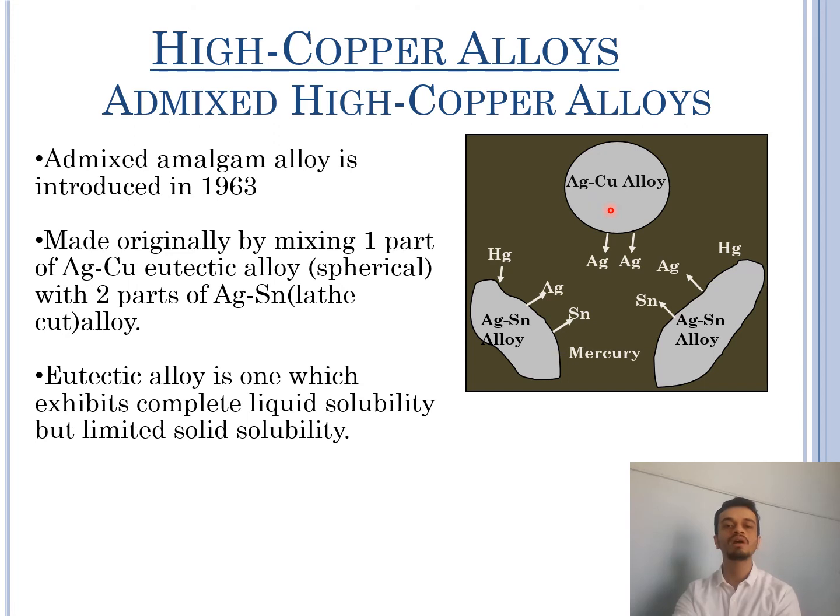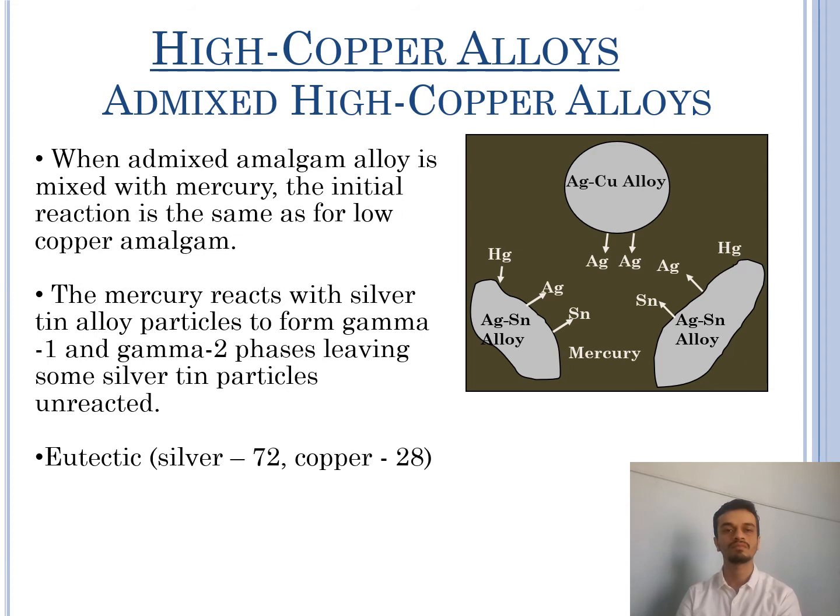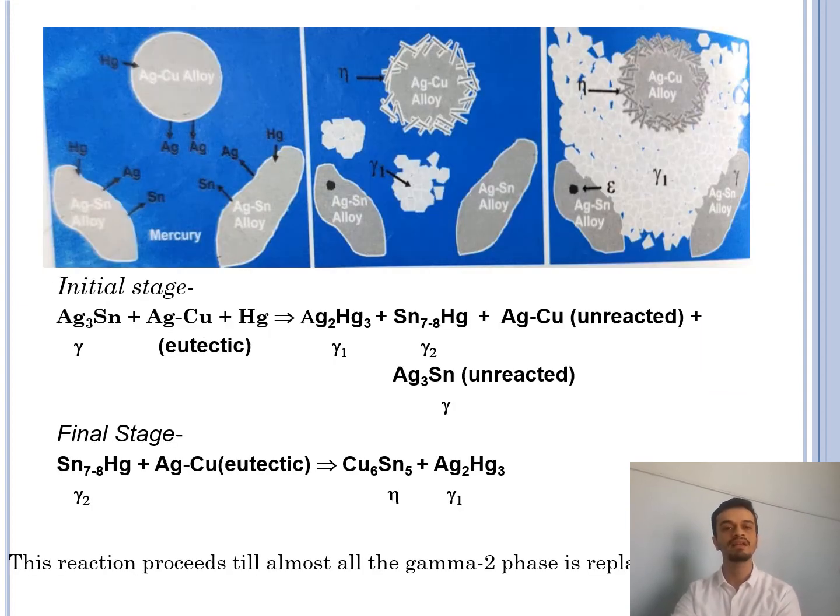So 1 part of silver copper spherical eutectic alloy is mixed with 2 parts of lathe cut silver tin alloy. When admixed amalgam alloy is mixed with mercury, the initial reaction is the same as for the low copper alloy, that is, there occurs formation of gamma 1 and gamma 2 phases. We can understand this in the next slide.